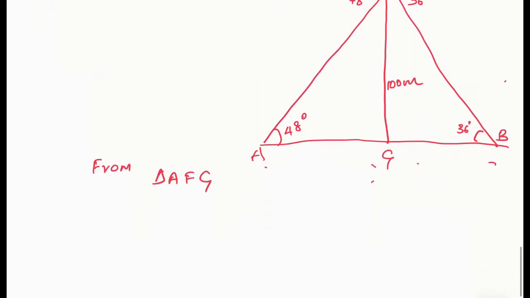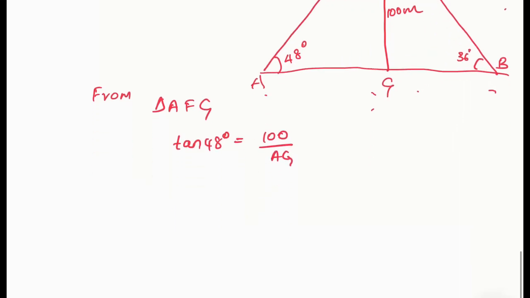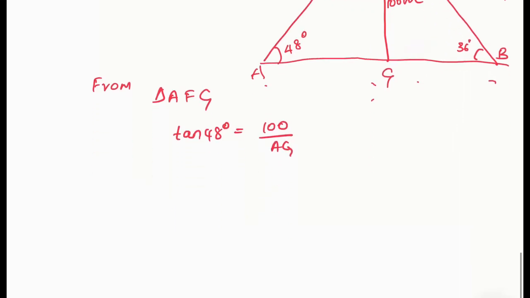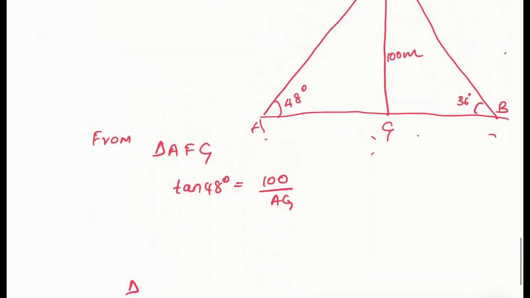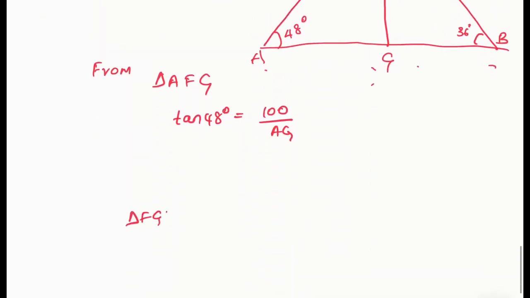From triangle AFG, we get tan 48 equal to 100 by AG. Okay, and similarly, from triangle FGB, tan 36 equal to 100 by BG.